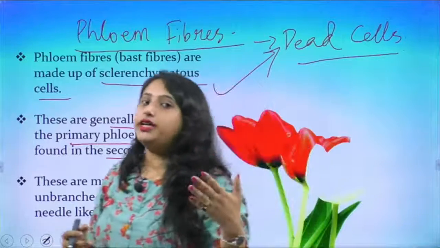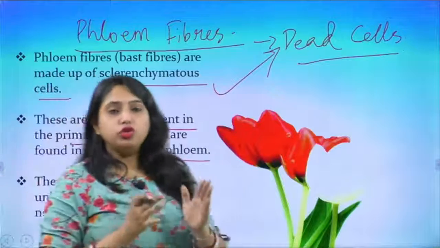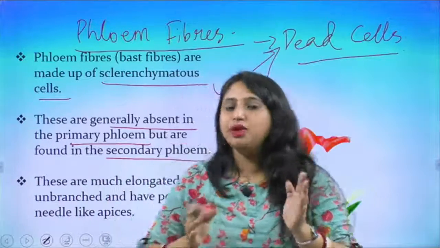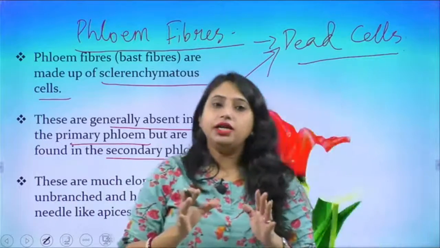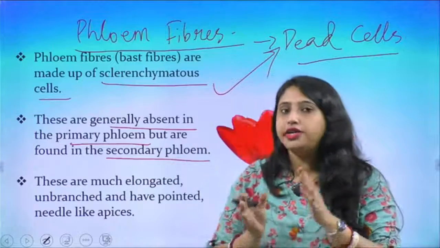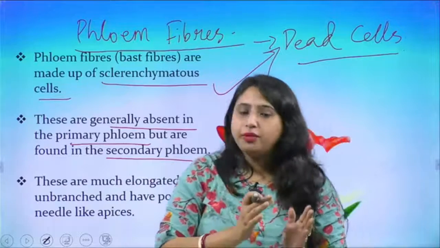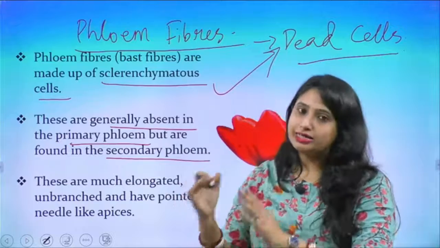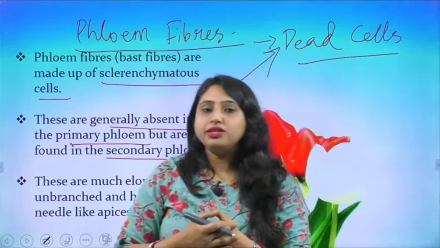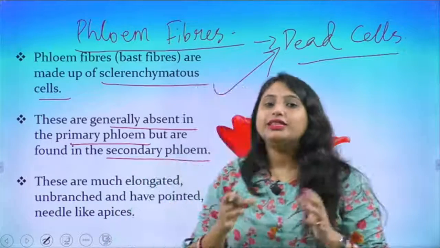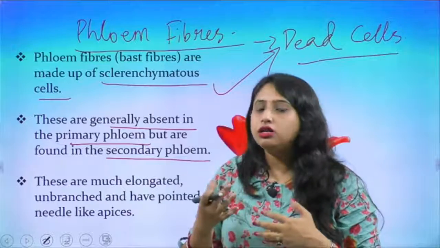Now, as you have seen, xylem can be divided into two types: primary xylem and secondary xylem. Similarly, phloem also can be divided into two types: primary phloem and secondary phloem.